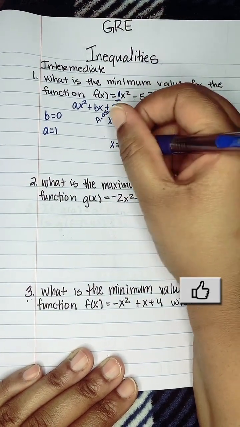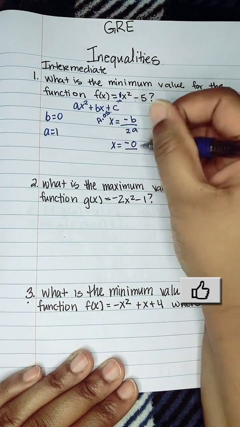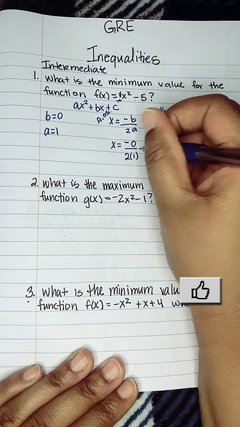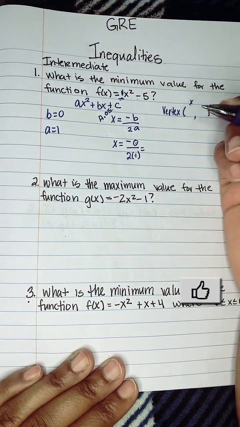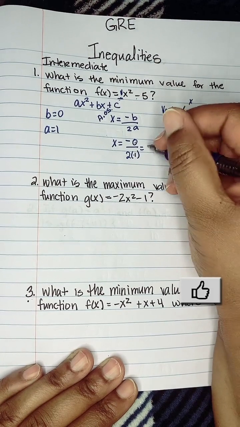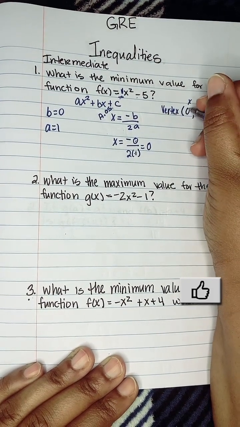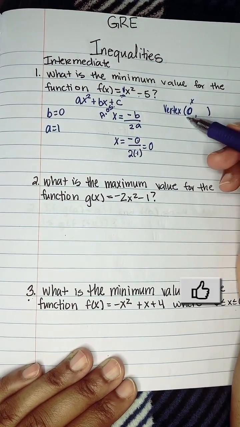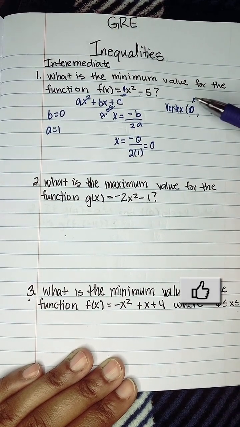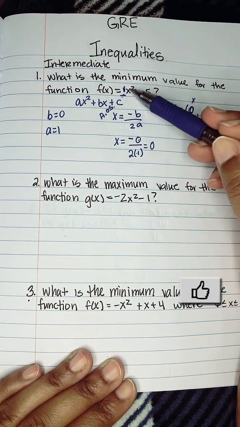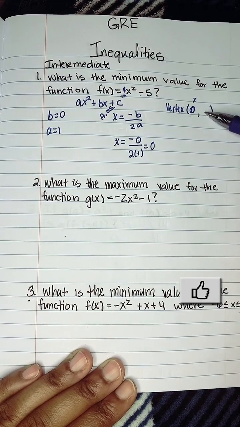So if we plugged in here, negative 0 over 2 times 1. Well, 0 divided by 2 is just 0, okay? So that would be our x value of our vertex. Now, if we plug in this 0 for the x's, we can find what the y value is.